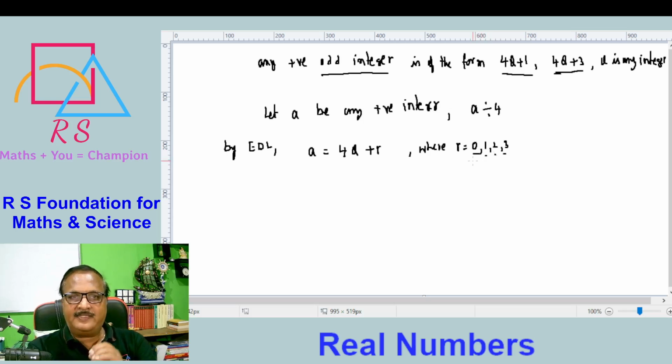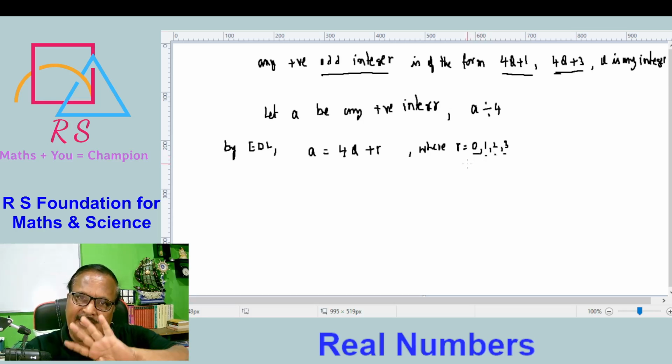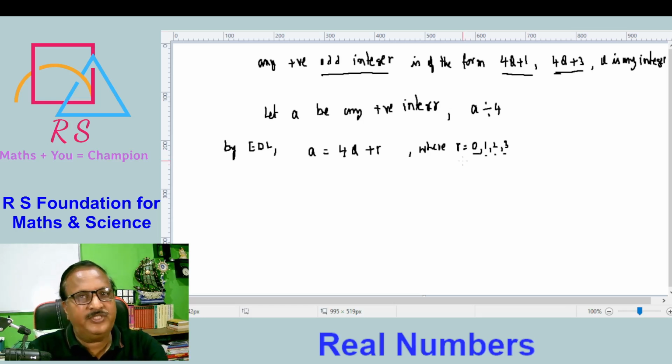The remainder can be only one of these 4 values, because if it were 4, it is the divisor, and it cannot be less than 0. In 4q plus 1 and 4q plus 3, 1 and 3 are the remainders.